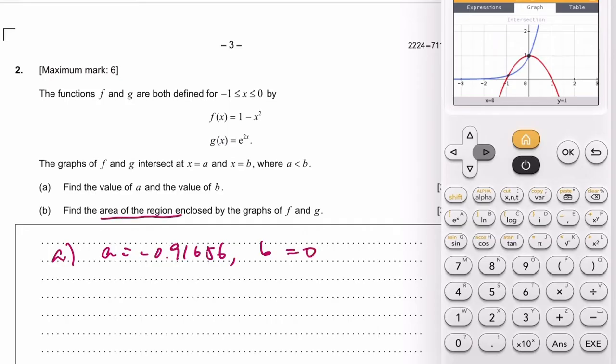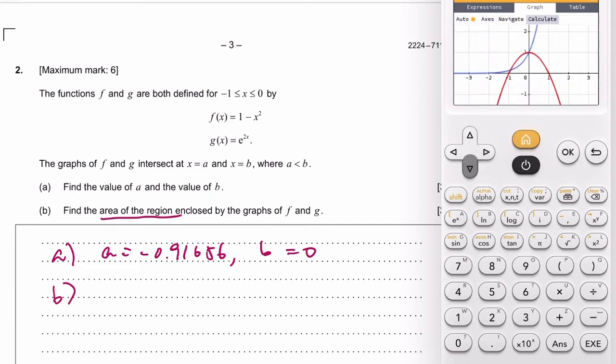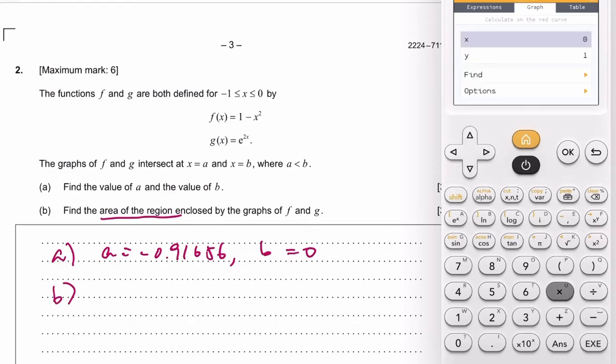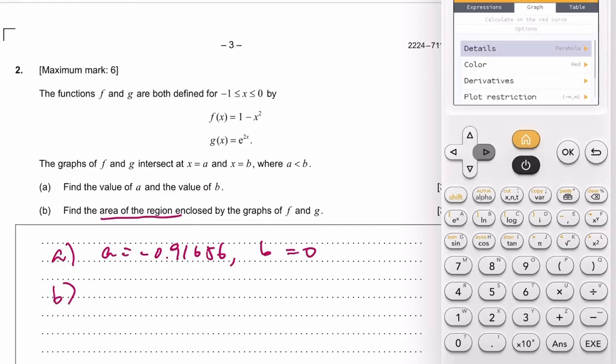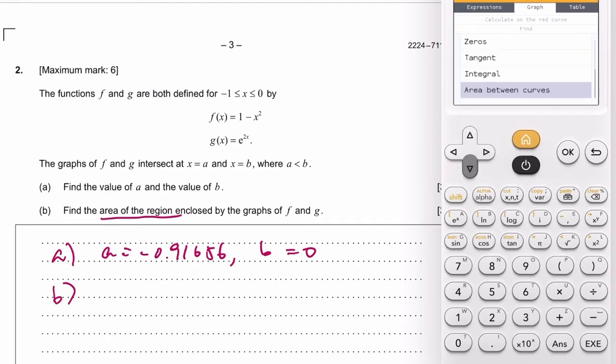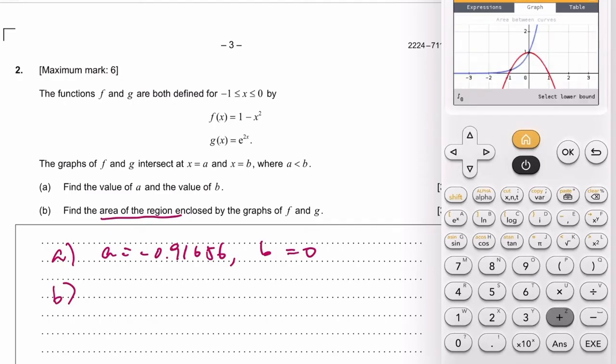The area enclosed can also be found by the calculator. So integral between lower bound. The lower bound would be the smaller intersection, so negative 0.91656.